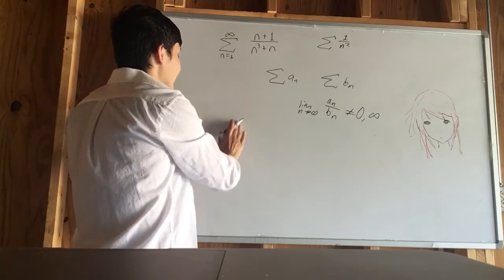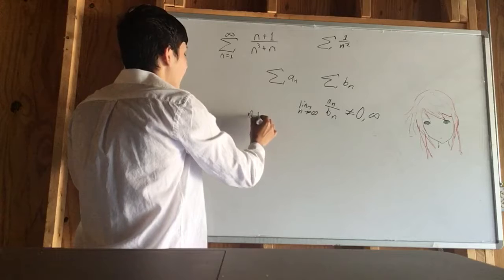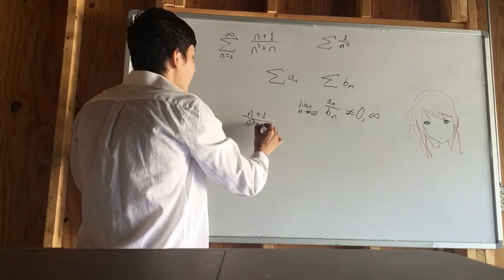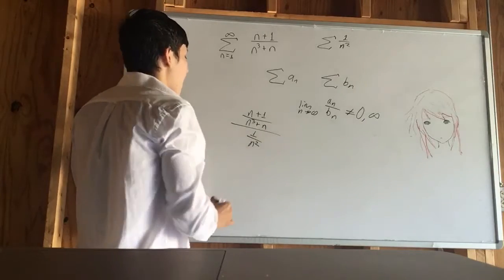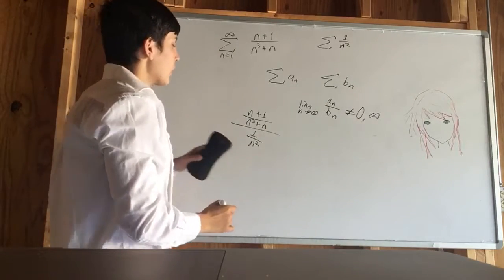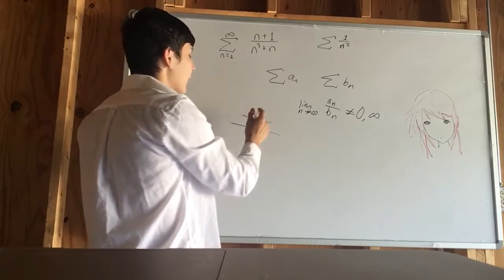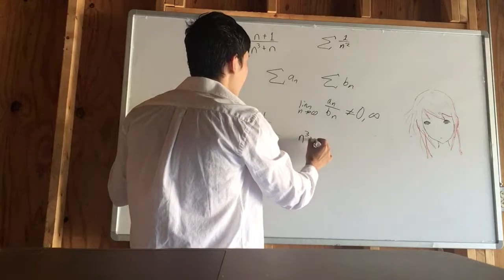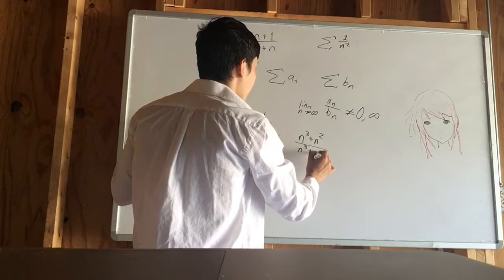With the limit comparison test, we're going to have to divide. So we have (n plus 1) over (n cubed plus n), over 1 over n squared. So now we can multiply this out, this denominator into the numerator. So we would get (n cubed plus n squared) over (n cubed plus n).